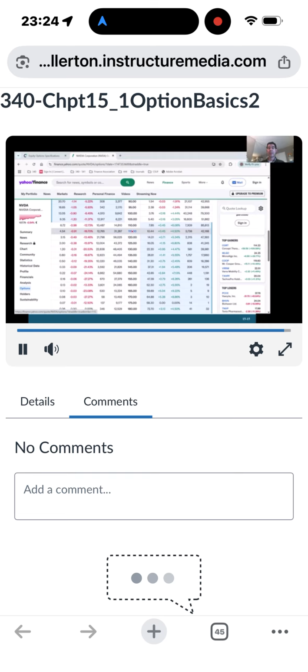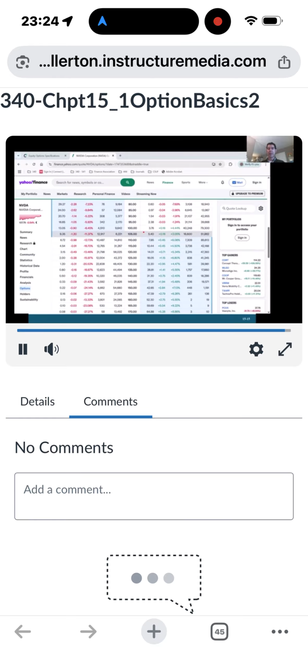On the other hand, if I think NVIDIA might go down, and maybe I have shares of NVIDIA, and I'm worried that it's going to drop a lot, I might come over here and I might say, hey, look, I'm going to buy some put options on NVIDIA. For $3.76, I can buy a put option with a strike price of 100. So this guarantees me that once I paid this price, now I hold the option.